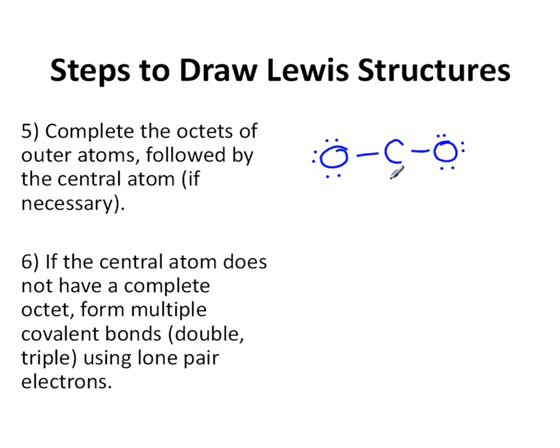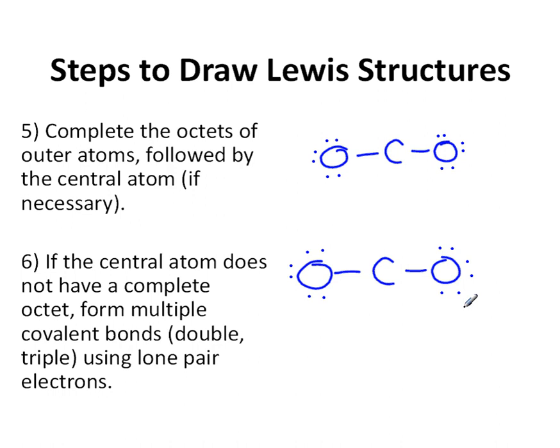If you remember, there's double or triple bonds in molecules, and this is where electrons can be shared. So in this case, we do need to make a multiple bond to make sure that carbon has 8 around it, but this won't happen with all of your examples. So this is what I have so far, and now I need to share some of these electrons.